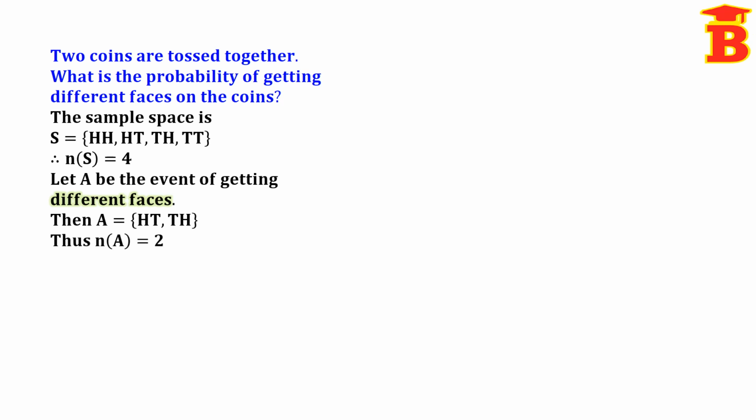There are 2 possibilities. So count and write n(A), number of elements in A, that is equal to 2. Now the formula is P(A) equal to n(A) by n(S). That is equal to n(A) value 2 divided by n(S) value 4. 2 divided by 4, cancel by 2, we get the answer 1 by 2.